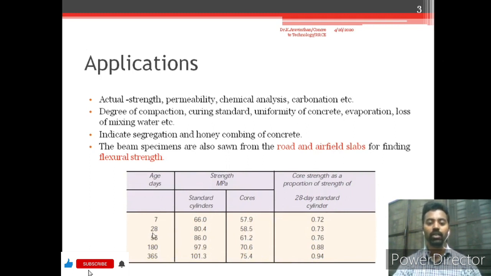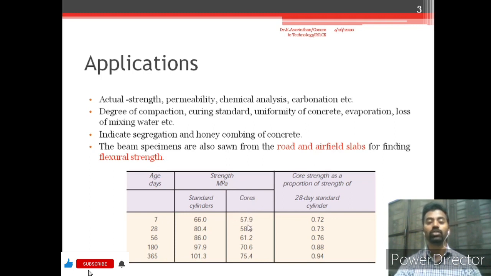Here it is a table. You can see this is age in days, and there are two comparisons, which are the standard cylinder and the core test. In the standard cylinder, you can see the strength of the concrete is 66, and if you are taking a core specimen, you can see the reduction of the strength.